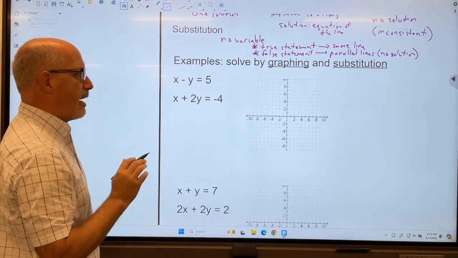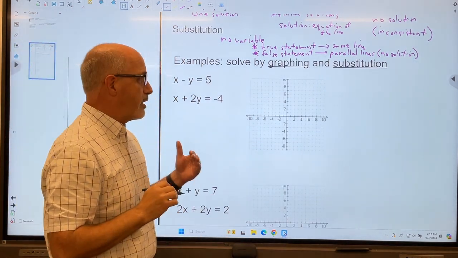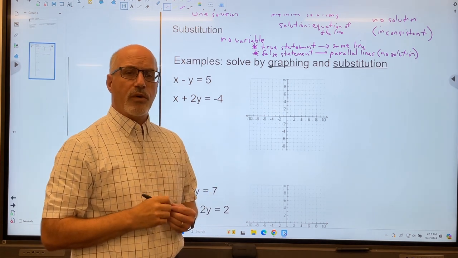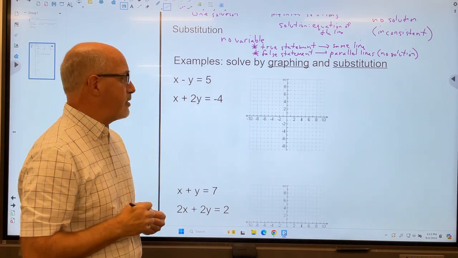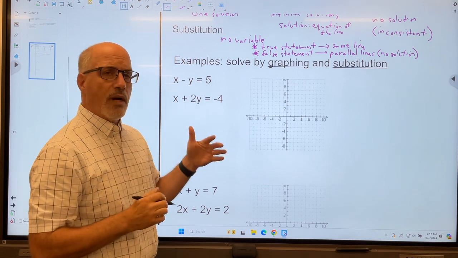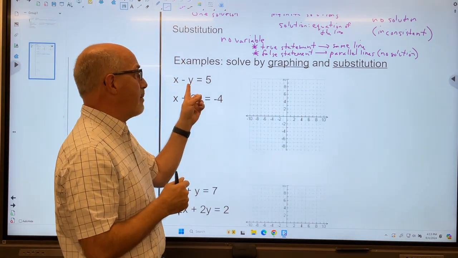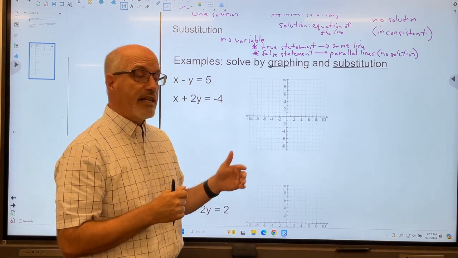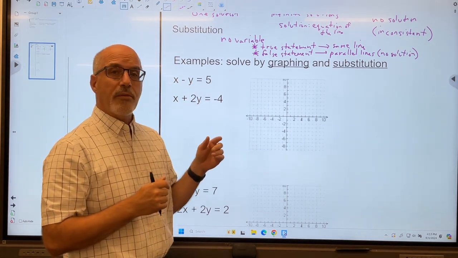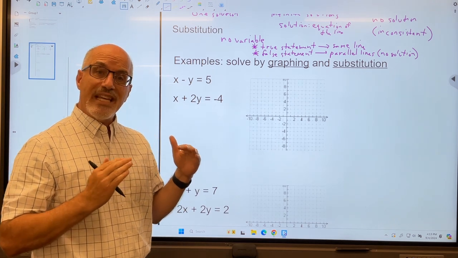First of all, we're going to graph them, see where they intersect, and then we're going to work through the problem using substitution. You could set these into slope-intercept form by getting y by itself and then graphing it. Another way to do these problems is to graph by intercepts.